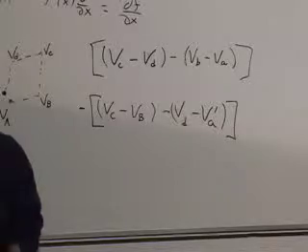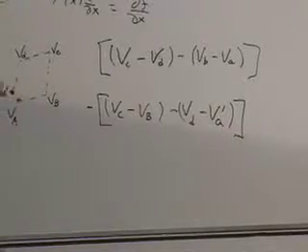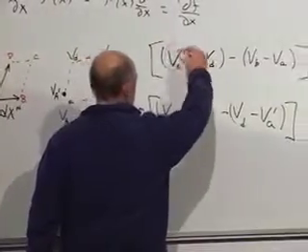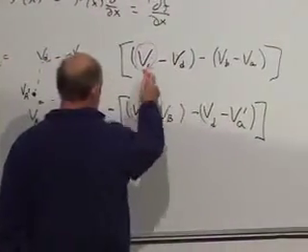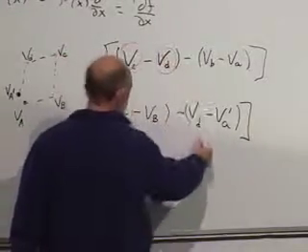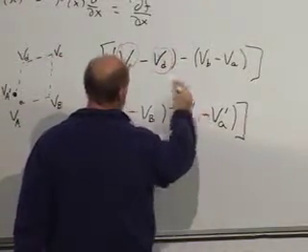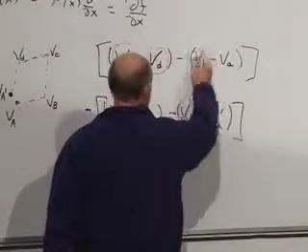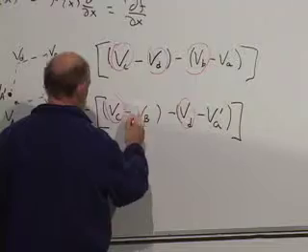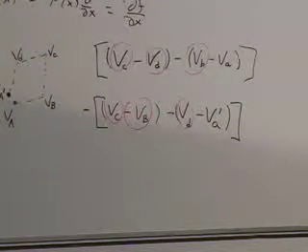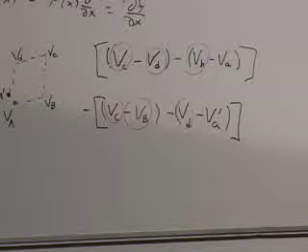So, many things have been engineered on purpose to cancel out. VC cancels out here and here. VD cancels out. Minus, plus. VB cancels out. Minus, plus. And the only thing that's left over is VA prime minus VA.